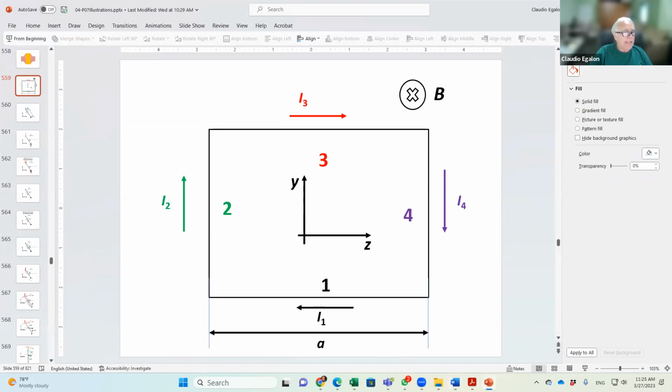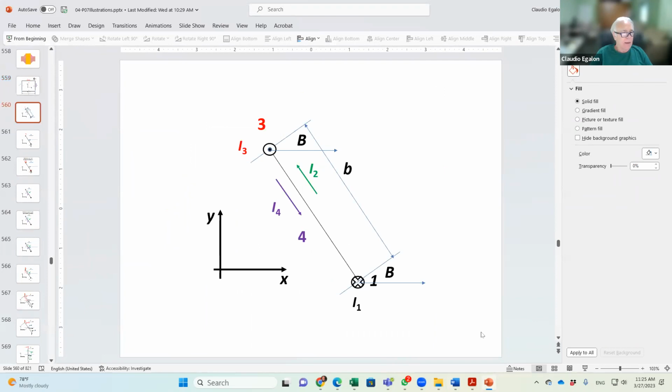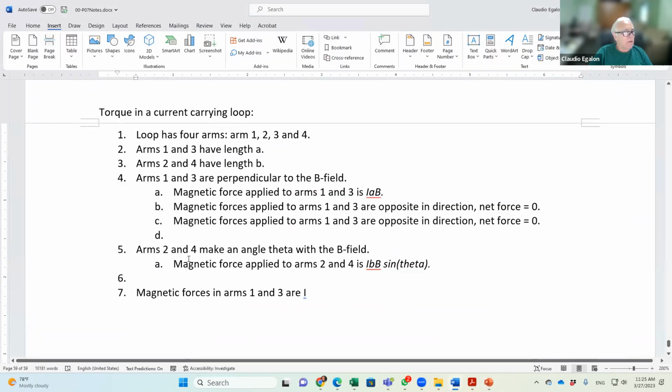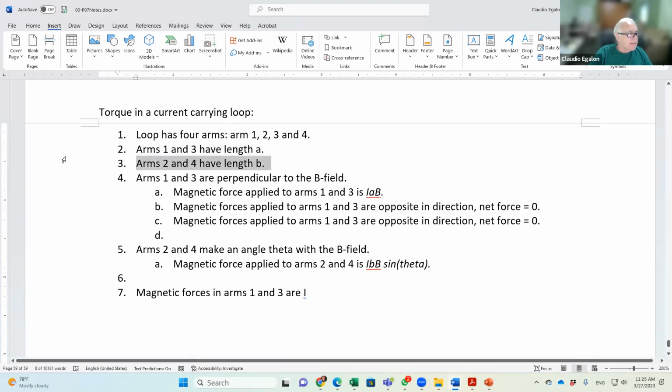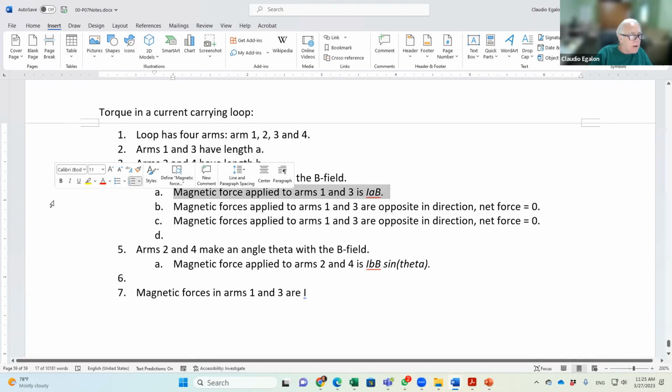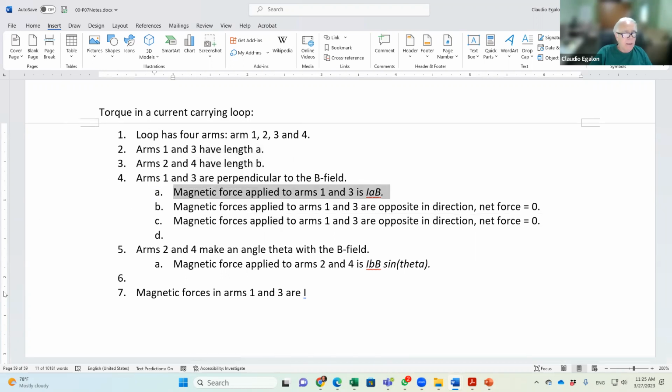Arms 1 and 3 are perpendicular to the B field. That's good. Okay. Magnetic force applied to arms 1 and 3 is IAB. It looks like that was the only mistake I made here.